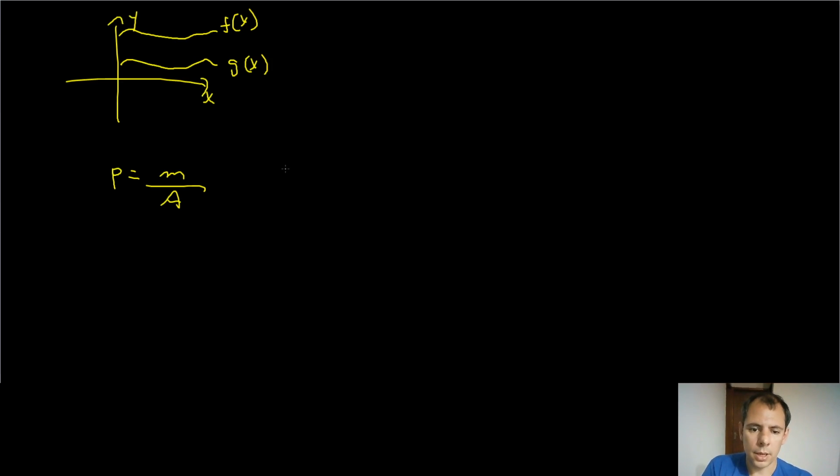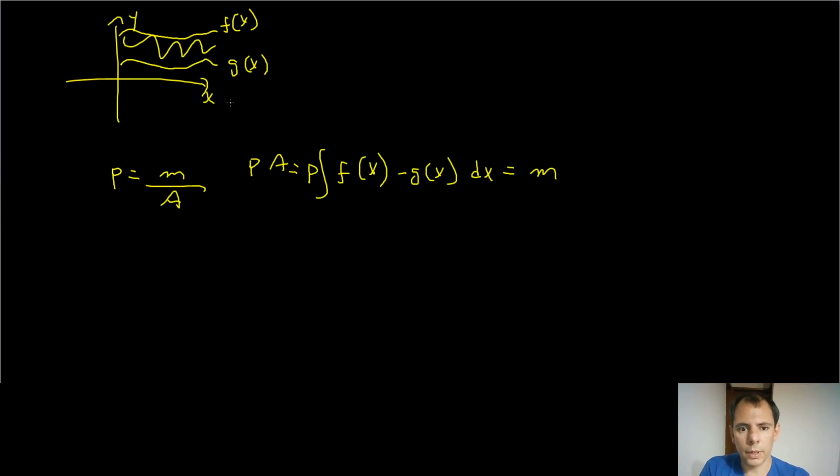So what's going to be the area? The area equals the integral of f of x minus g of x dx. This is the area. If you multiply by the density, this is going to be equal to the mass of this thing, the total mass.